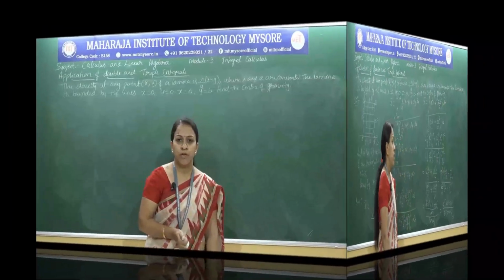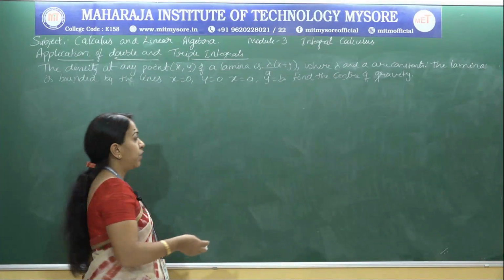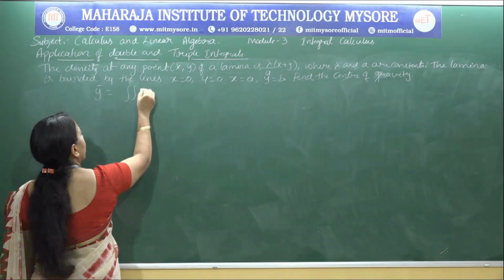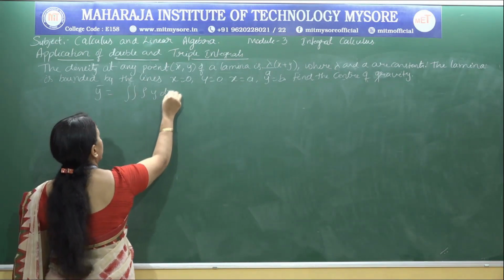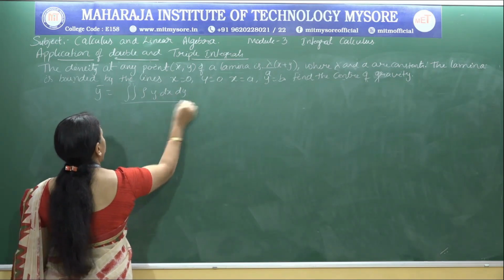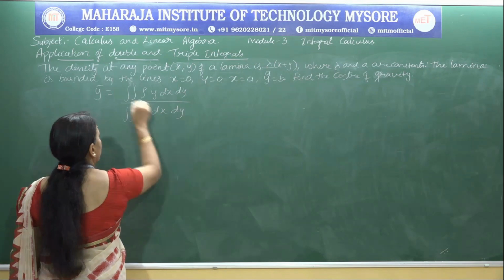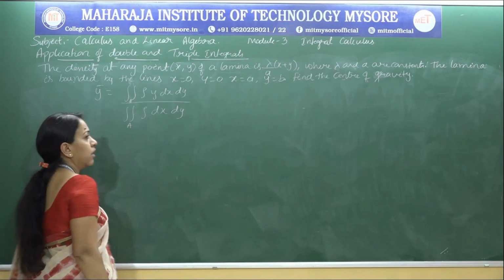Now, similarly, I can obtain y bar. We know the formula for y bar. So, y bar is the double integral of rho into y into dx dy whole divided by the double integral of rho into dx dy over the given area.